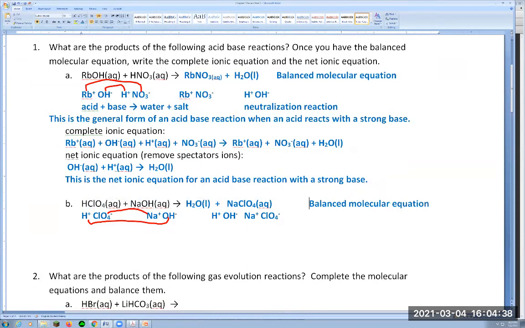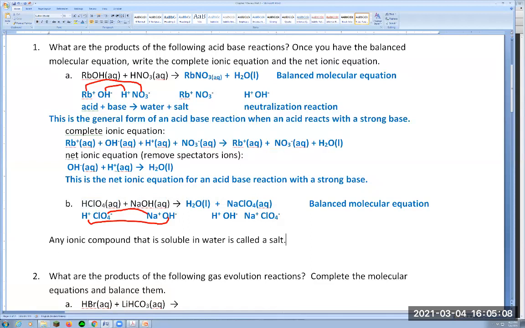And again, it follows the form of acid plus base make water plus a salt. Because any kind of ionic compound that is soluble in water is called a salt. Maybe I should type this. Any ionic compound that is soluble in water is called a salt.